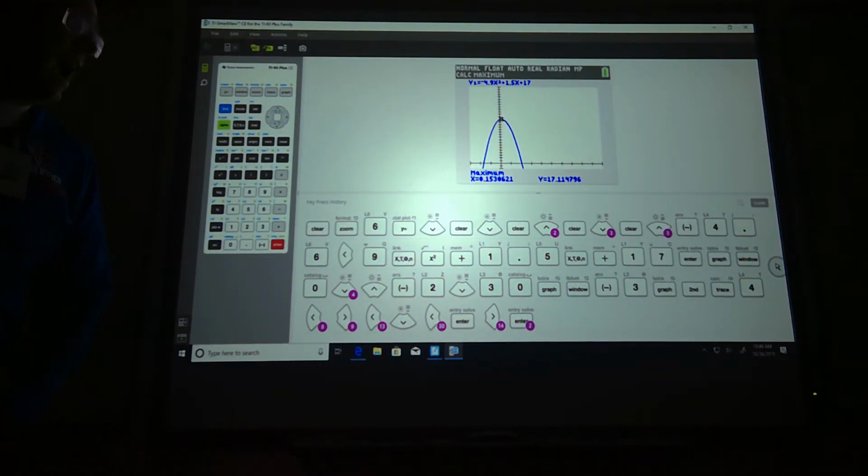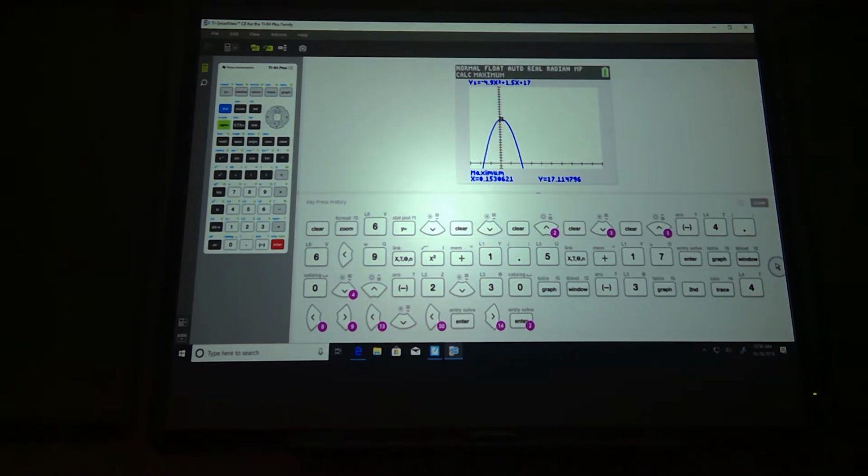So at 0.15 of a second, this person got to their highest part, which was 17.1 meters. Now let me ask you this. This person leapt off of a cliff. If they stepped like this, my vertex would be at 0,17.